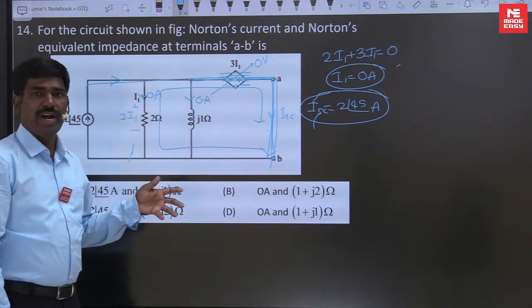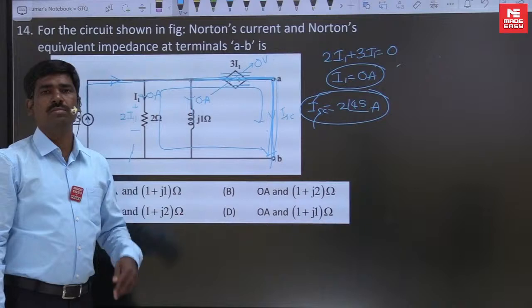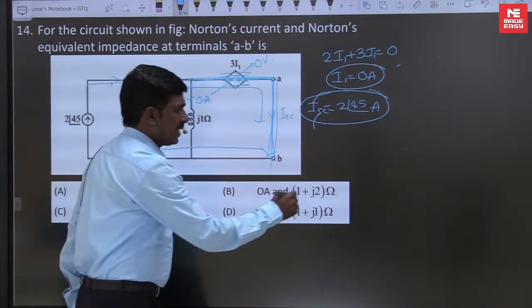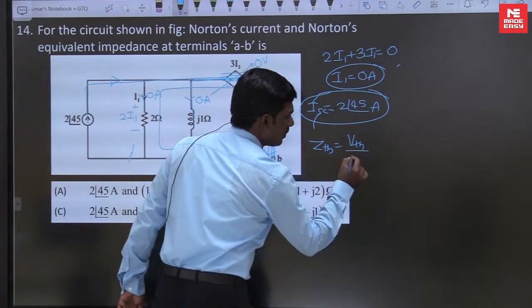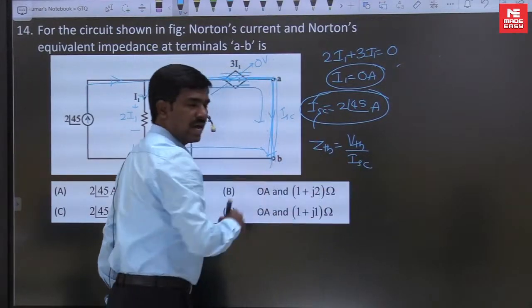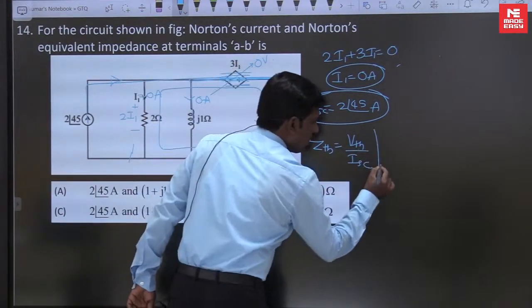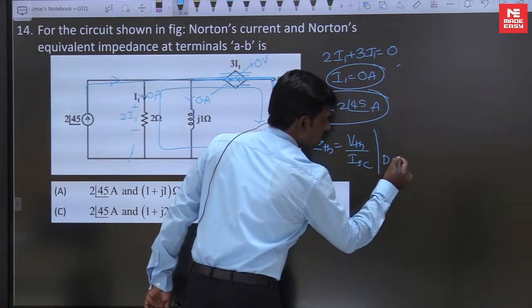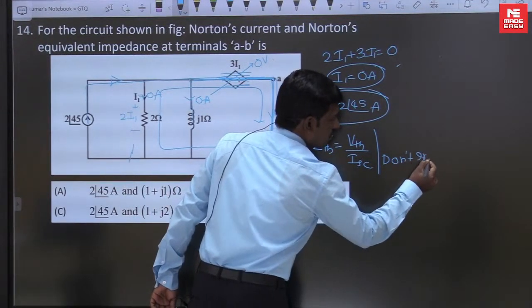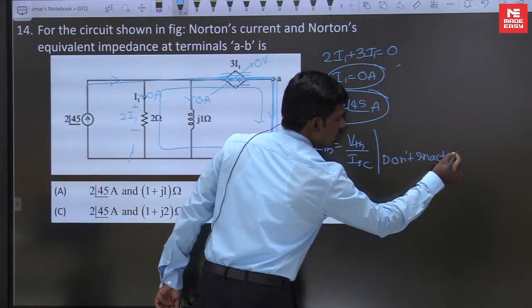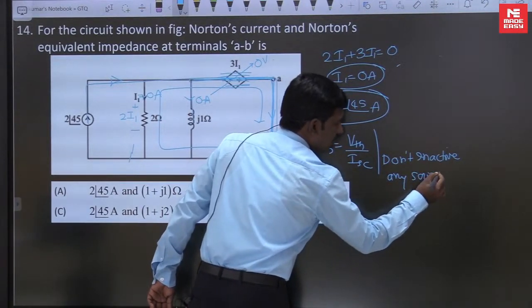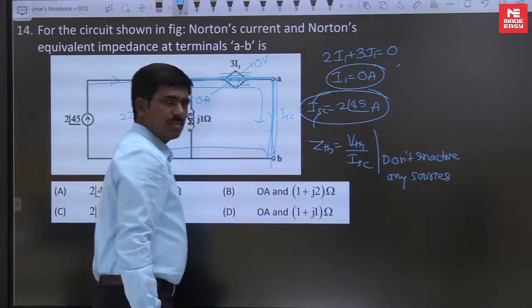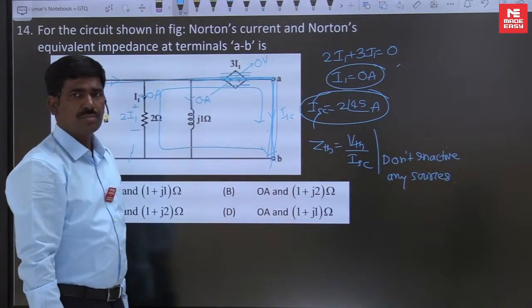Next, for finding the ZTH, there are two methods. One is ZTH is equal to VTH upon ISC. ISC we already have. In this case, don't inactivate any sources. Find the open circuit voltage, then get ZTH.